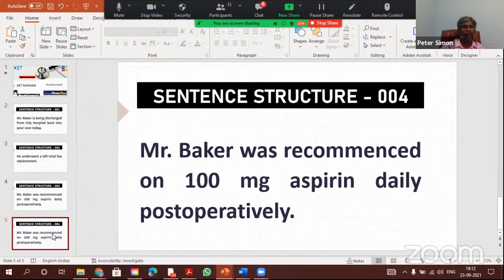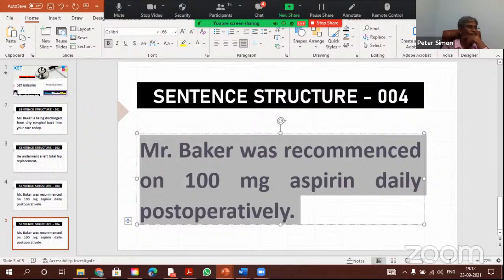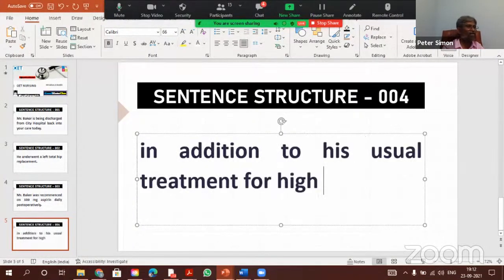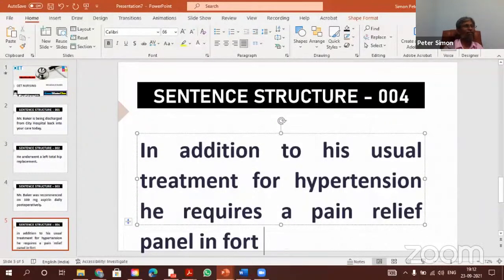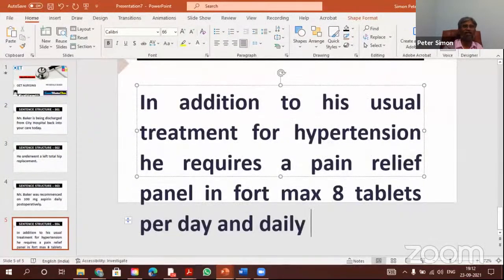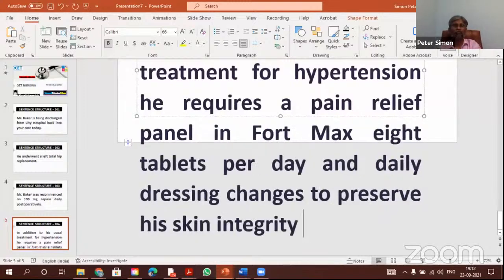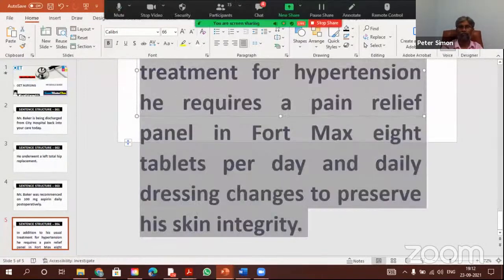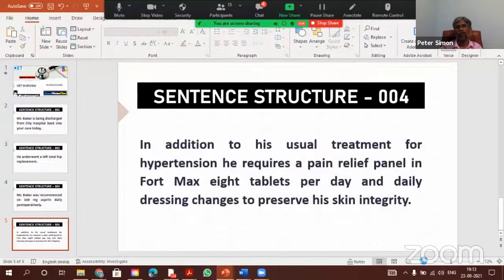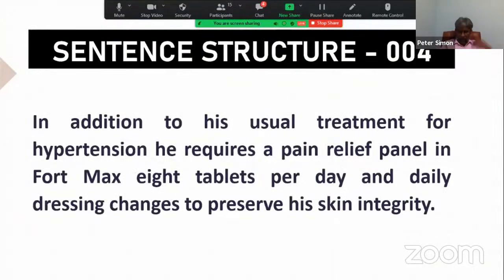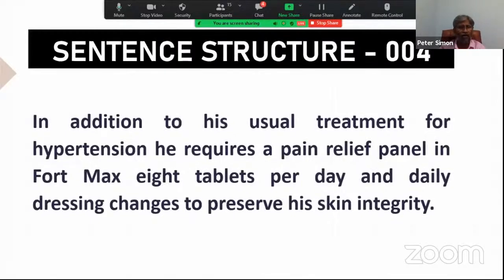Right. Number 4. In addition to his usual treatment for hypertension, he requires pain relief, Panadine Forte, max 8 tablets per day, and daily dressing changes to preserve his skin integrity. I'm giving you a bigger sentence now. In addition to his usual treatment for hypertension, here a comma will be there.